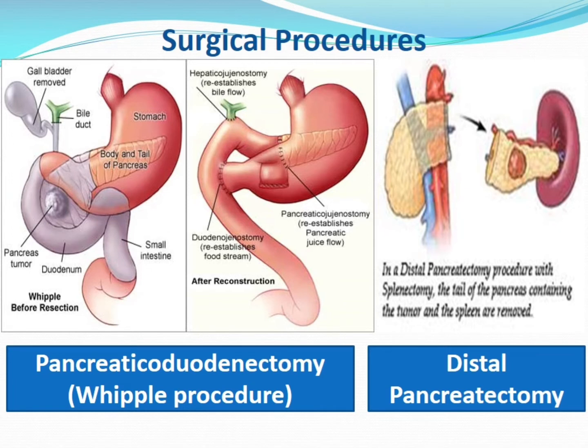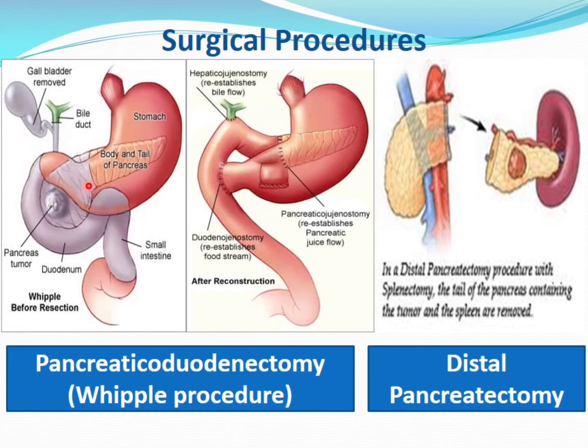Here we can see the surgical procedure, whether pancreaticoduodenectomy or distal pancreatectomy. Here we can see pancreaticoduodenectomy, the parts which are removed. It includes the duodenum, the lower end of the bile duct, the gallbladder, and sometimes we may need to remove the lower part of the stomach, and the first part of the jejunum, and the head and neck of the pancreas.